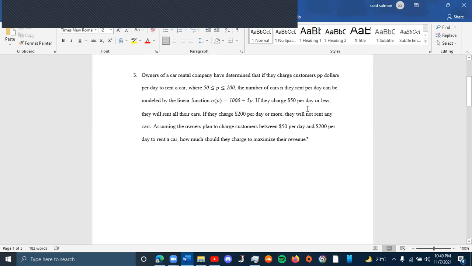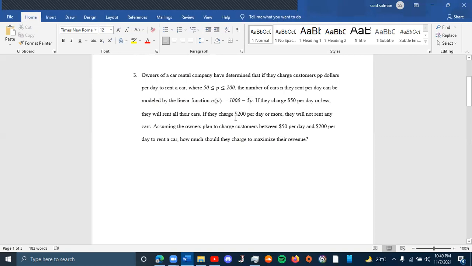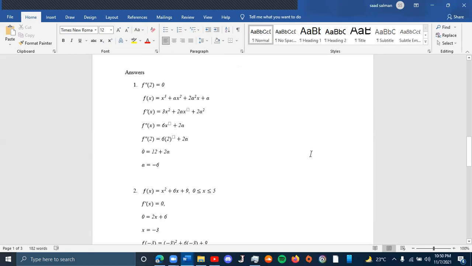If they charge $50 per day or less, they will rent all their cars. If they charge $200 per day or more, they will not rent any cars. Assuming the owners plan to charge customers between $50 per day and $200 per day to rent a car, how much should they charge to maximize their revenue?